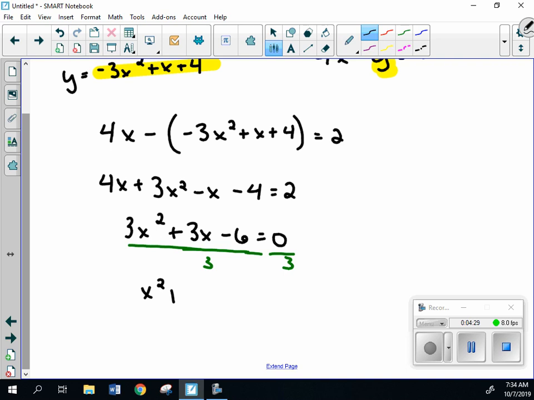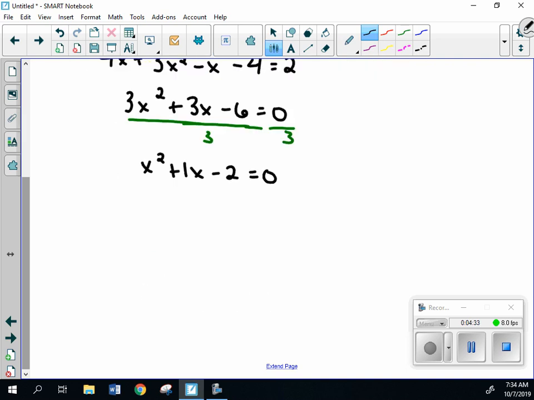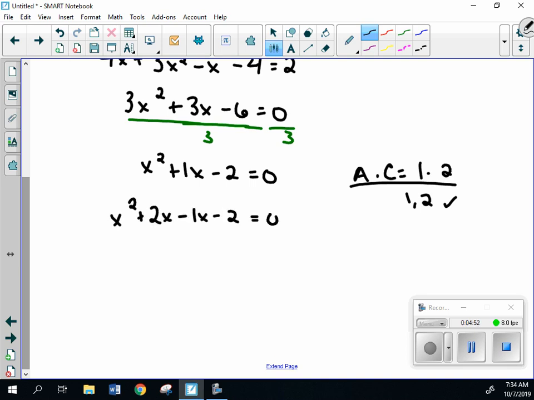So x squared plus 1x minus 2 equals 0. Now I'm working with better numbers. Personally, I am going to factor using the AC method. So I've got 1 times negative 2. 1 and 2 is going to give me that set. So I split that 1x with this combination here.